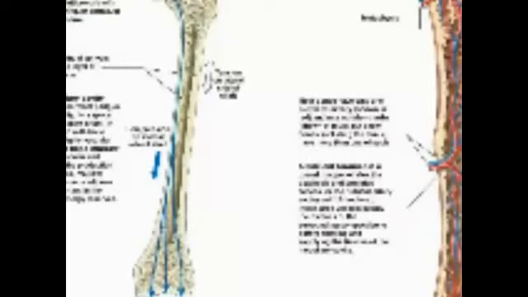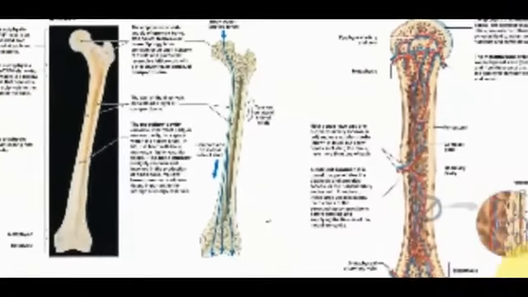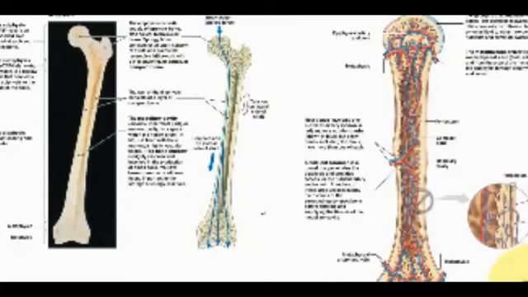Then this is again an anatomical picture, the same as I explained to you in the previous one. I will just wait for Rick to change the picture from the live stream. Okay.